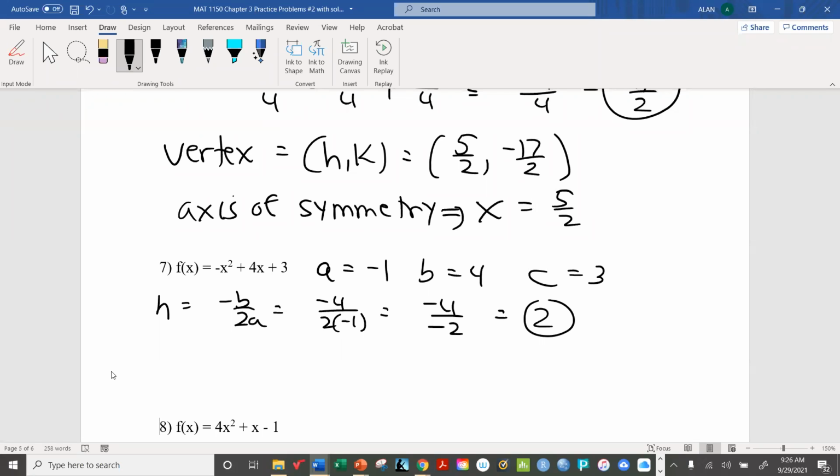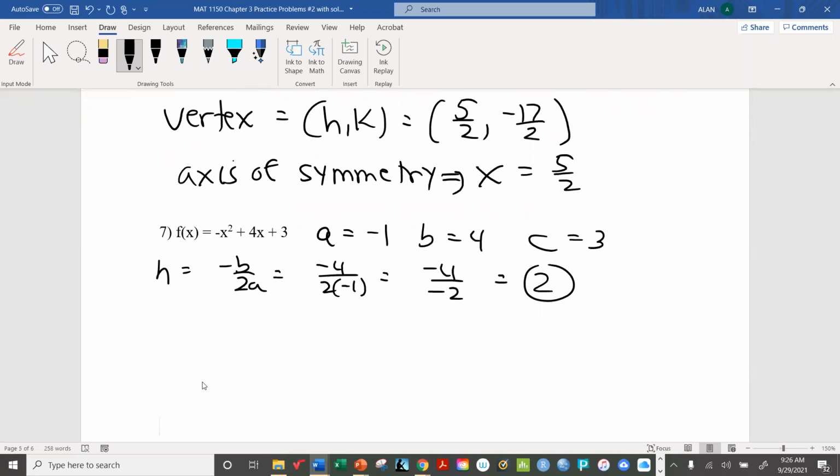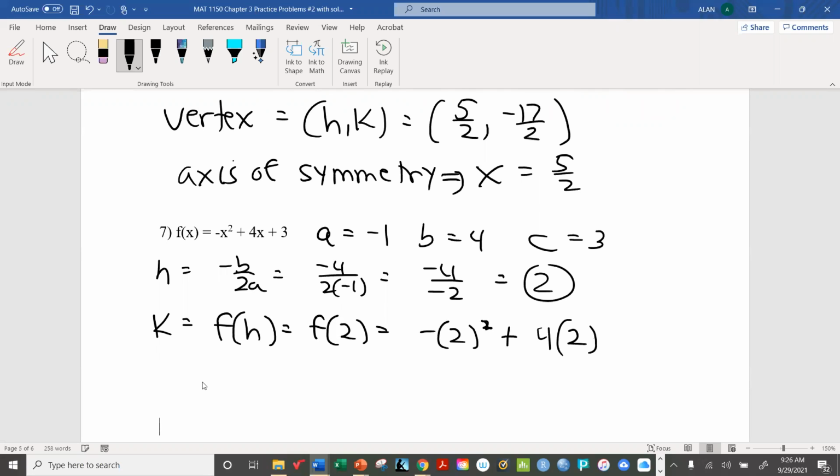And k is f of h, or f of 2, minus 2 squared plus 4 times 2 plus 3.